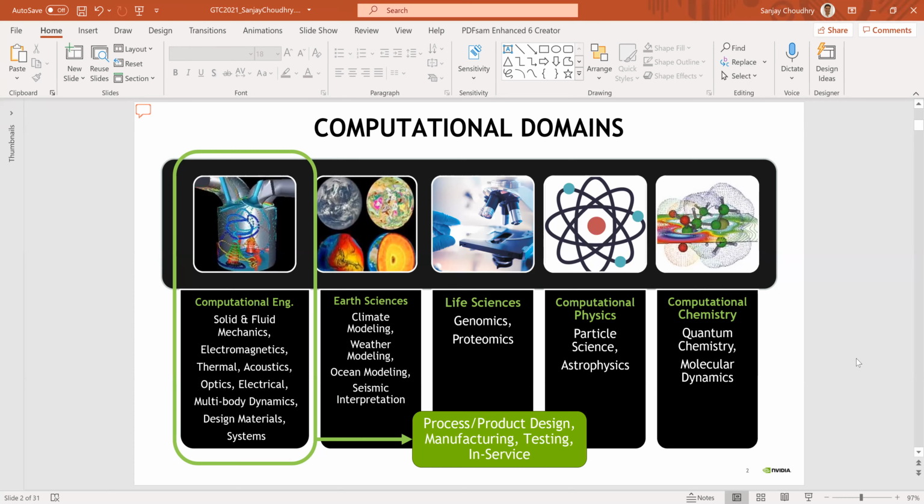There are different groups in NVIDIA doing a substantial amount of work in different domains. We are concerned primarily with the first one, computational engineering, digital design, manufacturing, and adjacent areas. The earth sciences and life sciences are adjacent areas, but typically these are the areas we are involved in.